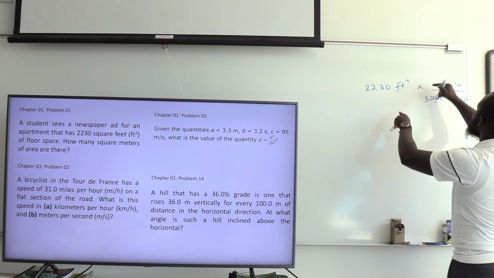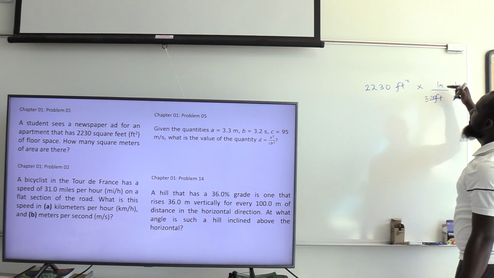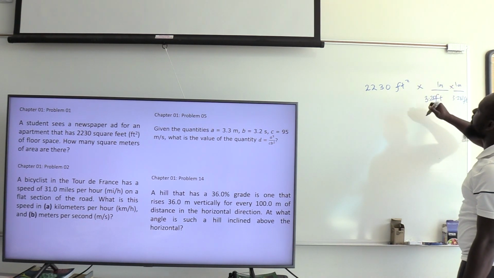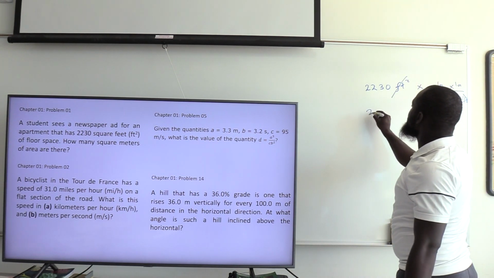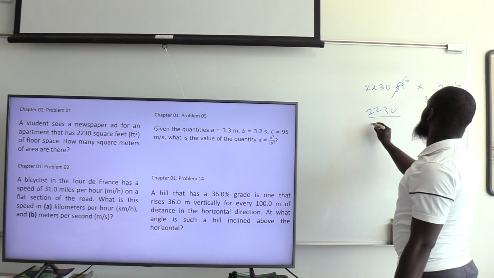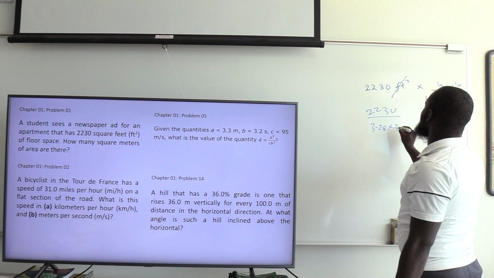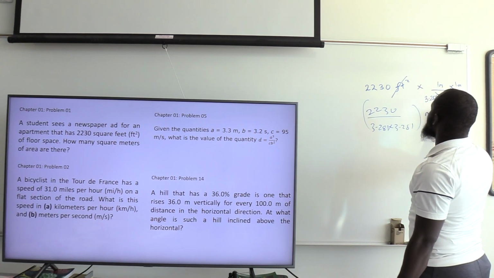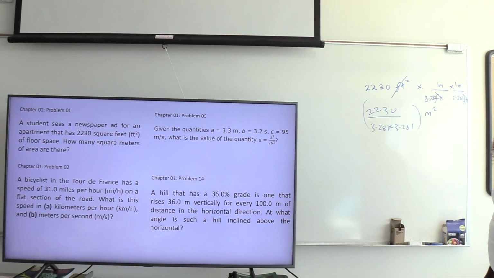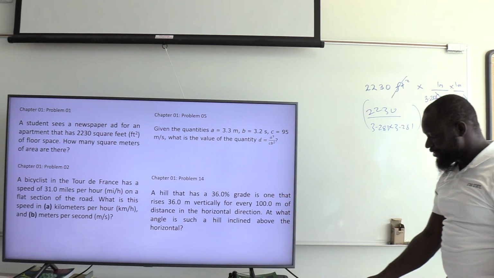We cancel the feet, and here becomes meter squared, since 1 meter is 3.281 feet. So this is how you cancel. So I have 2230 divided by 3.281 times 3.281. All now is meters times meters, meter squared. That is how you convert. Very easy. Okay? So I do 2230 divided by 3.28 divided by 3.28 again.